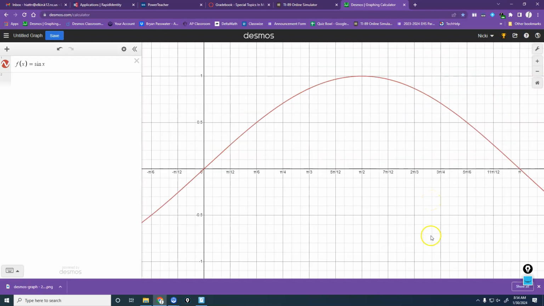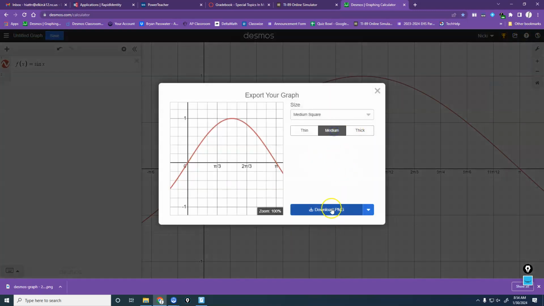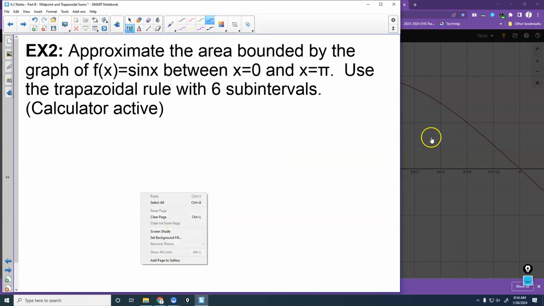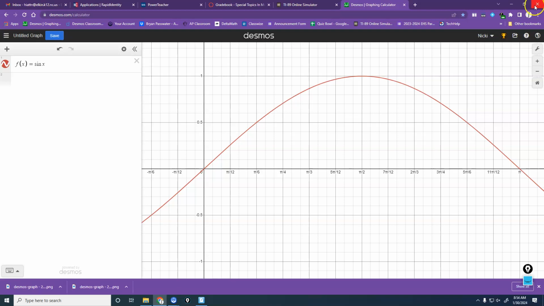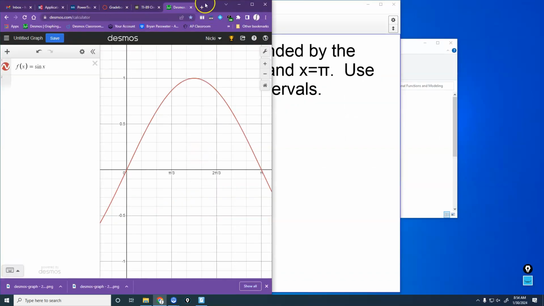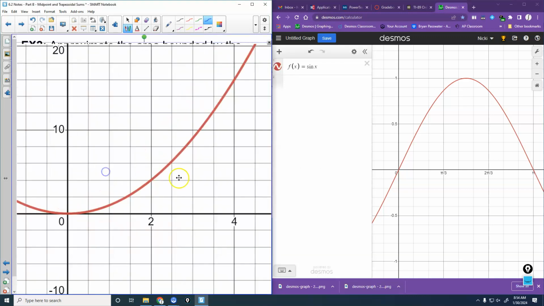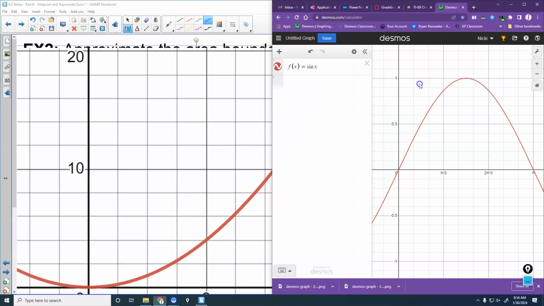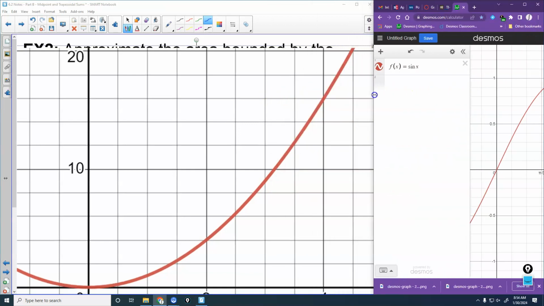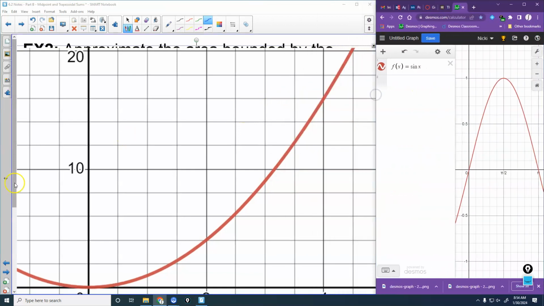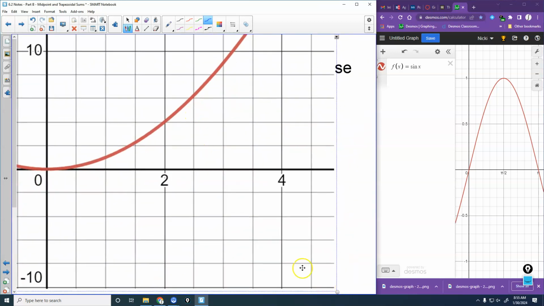Let's zoom out a little bit there. Okay. So just so I have a prettier graph that you guys can see better, let's put this over here. Sorry, I'm having some trouble rearranging here.